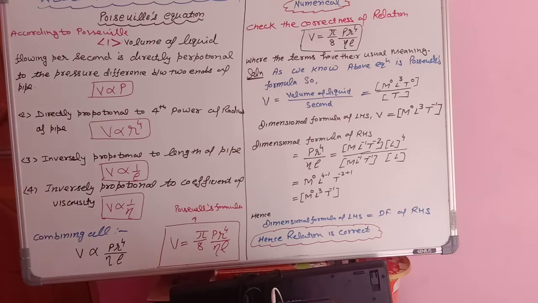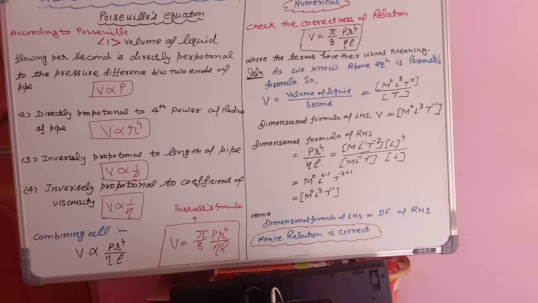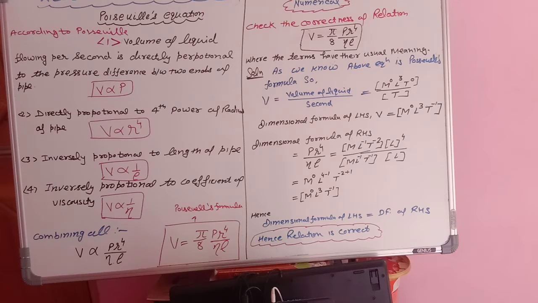Students, here V means V upon per second, meaning 1 second. 1 second is there, that's why we are not mentioning it and writing V alone. But in your mind it should be there that V means V upon T, where T means time equal to 1 second.